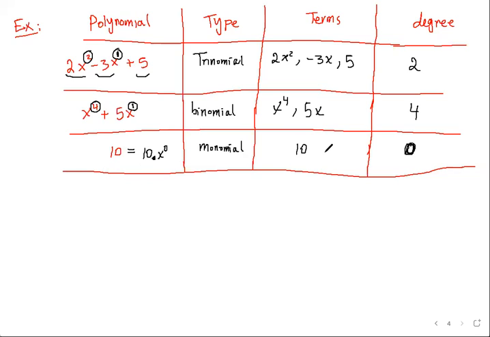Now let's go to polynomials. I will give you examples and you will tell me whether each is a polynomial or not. You have to choose which of these are polynomials and which are not.